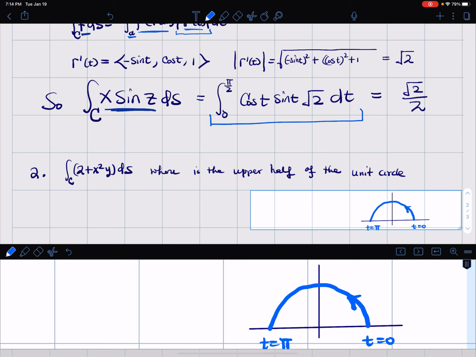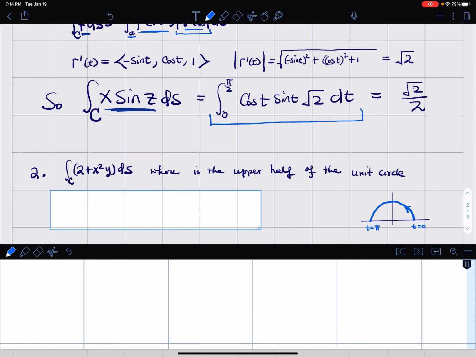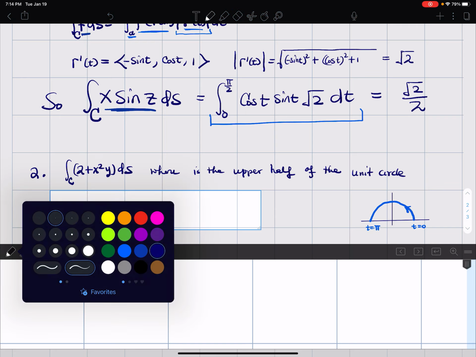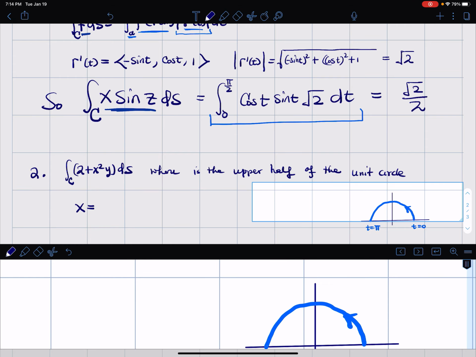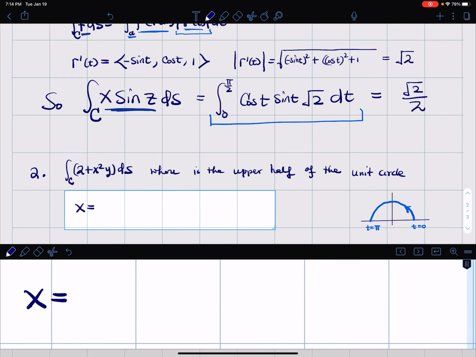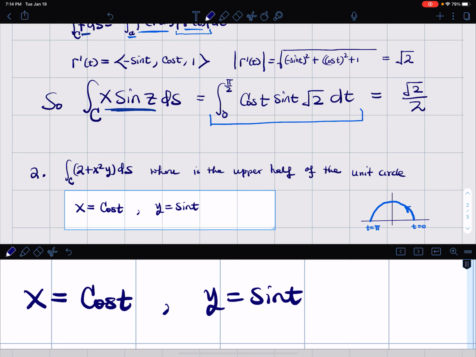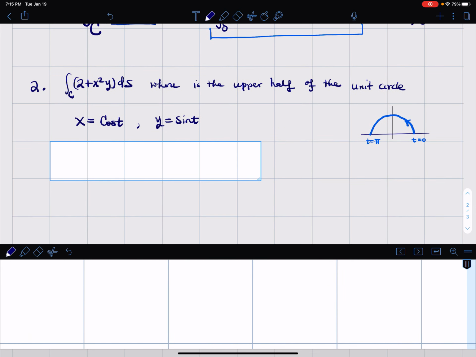And if we go counterclockwise, then our parameterization is going to be that x is equal to r cosine theta, but r is 1 because the unit circle has radius 1, right? So it's just going to be cosine t in this case, and y is sine t. All right, so we're almost good right from the get-go.